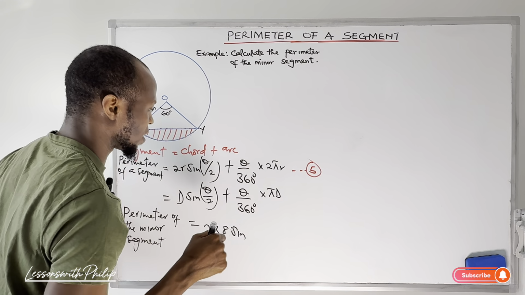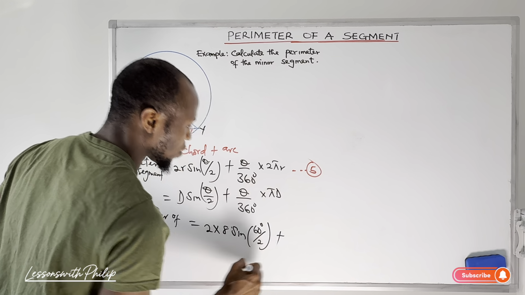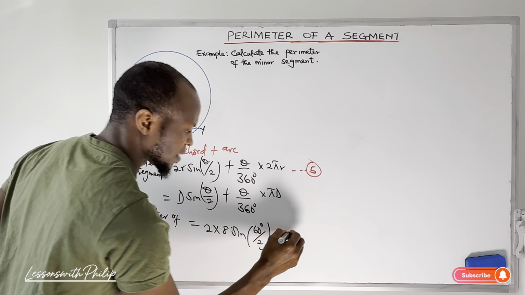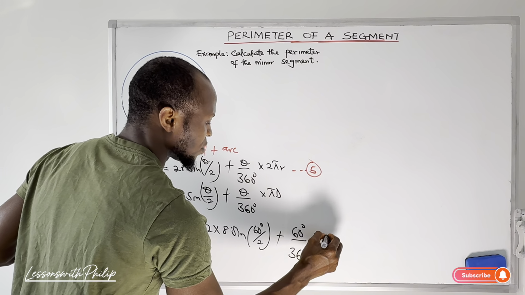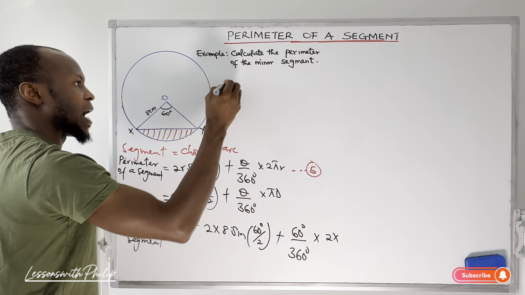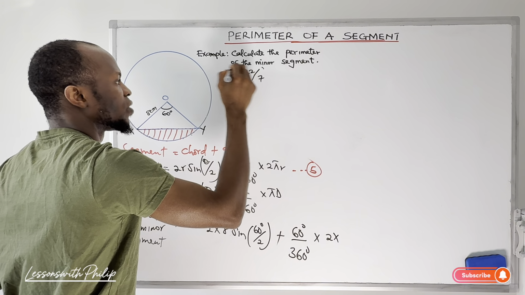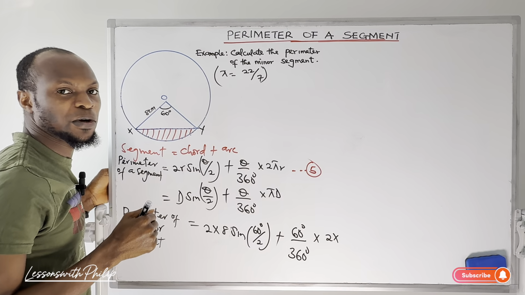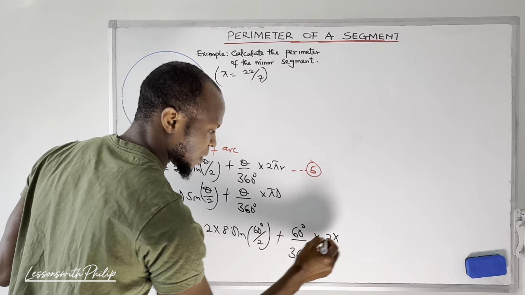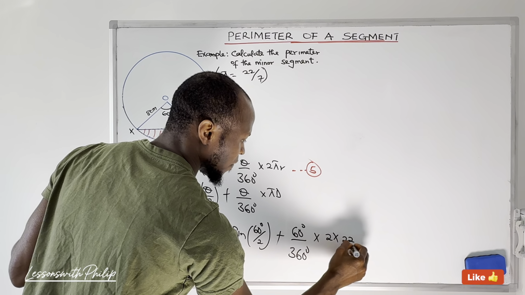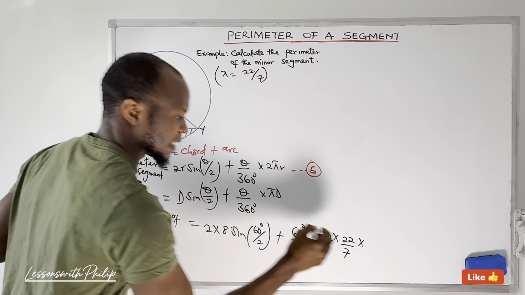My angle subtended by the arc is 60 degrees. That is sine 60 degrees divided by 2, plus my theta, still 60 degrees, divided by 360 degrees multiplied by 2 times pi. If you are given, you can use 22 over 7. If you're not given, it is 3.142. It's a constant. I want to use 22 over 7, multiplied by my radius, which is 8 centimeters.